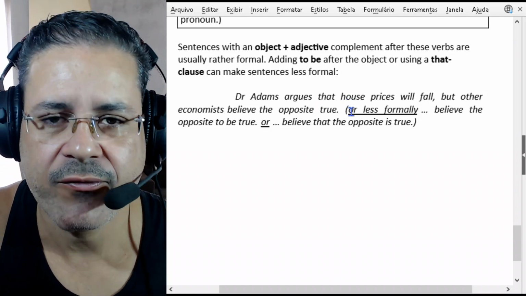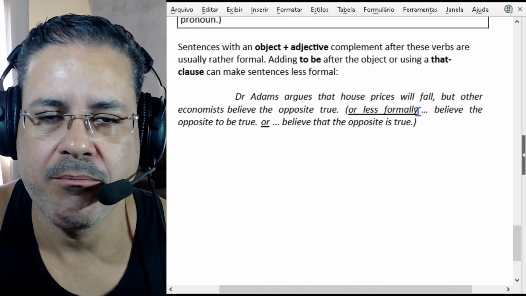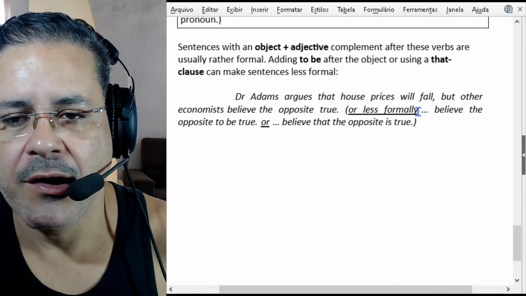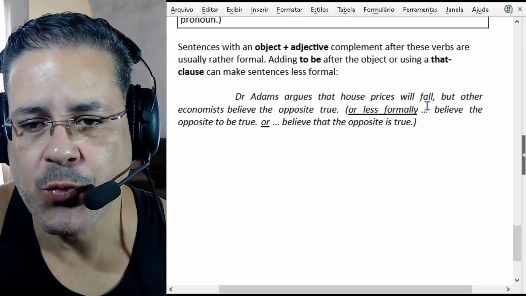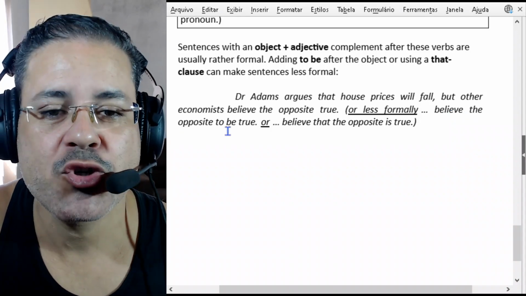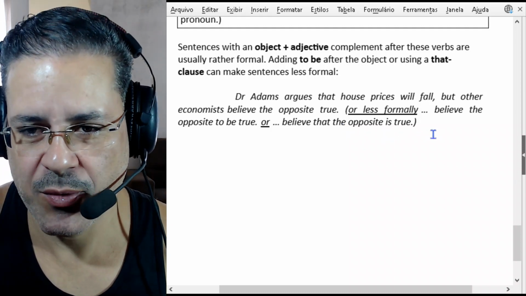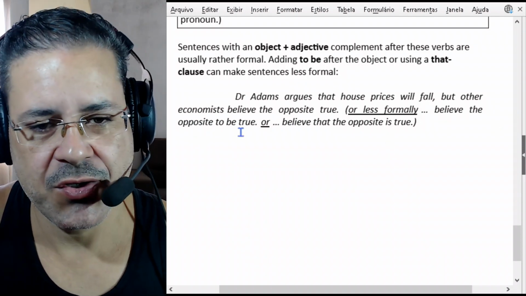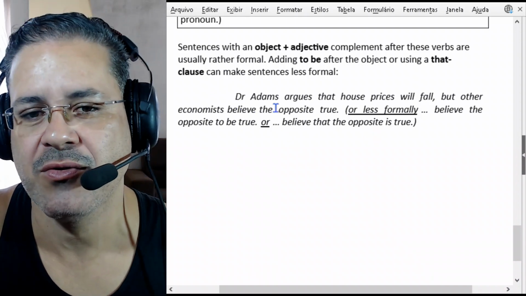Now, more important in terms of spoken English, or less formally, meaning informally or more colloquially: Dr. Adams argues that house prices will fall, but other economists believe the opposite to be true, or believe that the opposite is true. So it's more important for us, instead of believe the opposite is true, which is more formal.